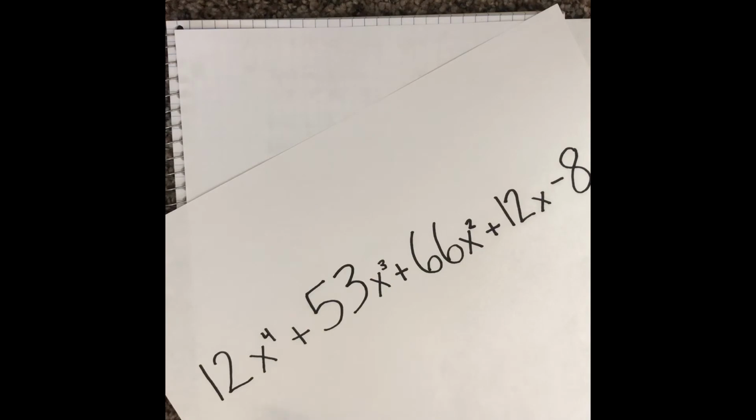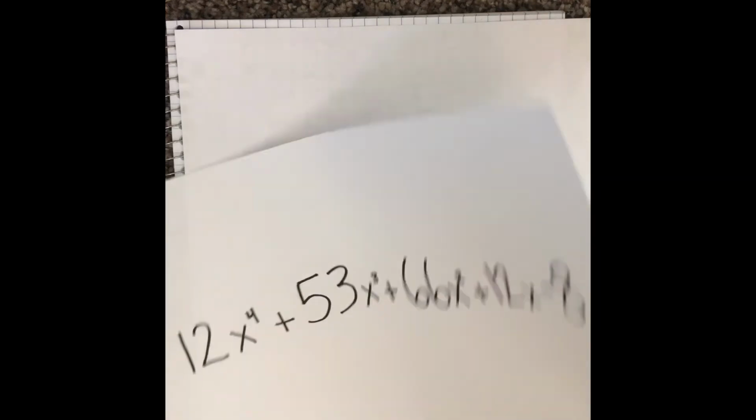If the leading coefficient is less than 0, if it was a -1 or -2, any kind of negative number, then it would fall to the right. As the graph goes right, it would gradually fall and go down.